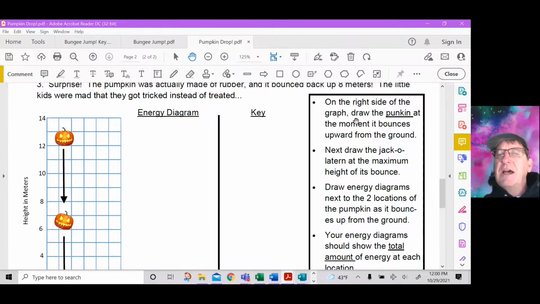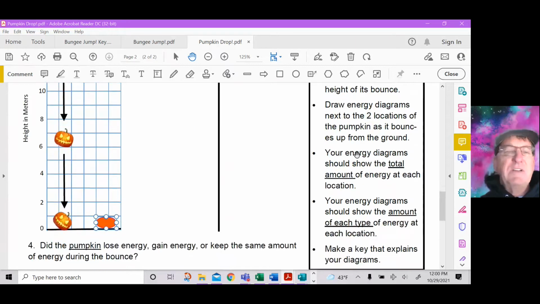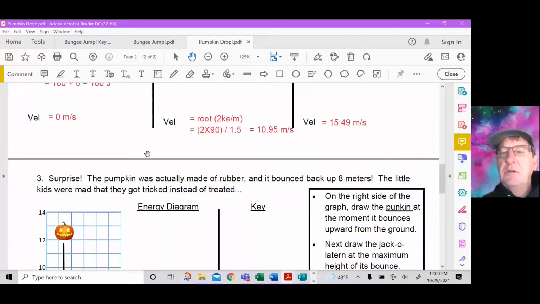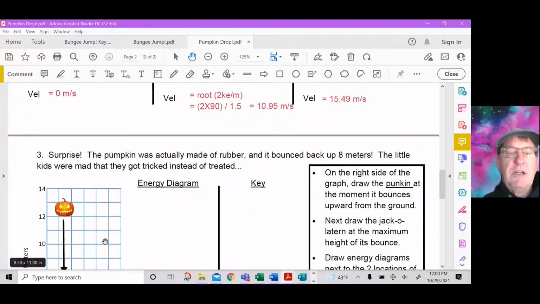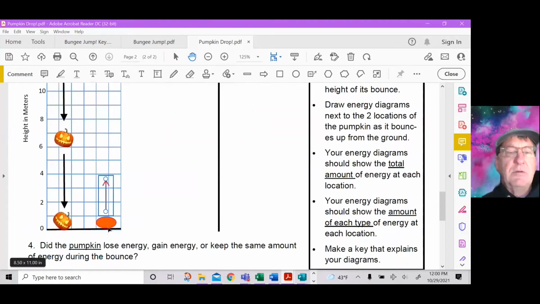On the right side of the graph, draw the pumpkin at the moment it bounces upward from the ground. Check, I've done that. Next, draw the jack-o'-lantern at the maximum height of its bounce. So I should probably include an arrow showing that it's bouncing upward, right? And how high did it bounce? 8 meters. Wow, that is one bouncy jack-o'-lantern.